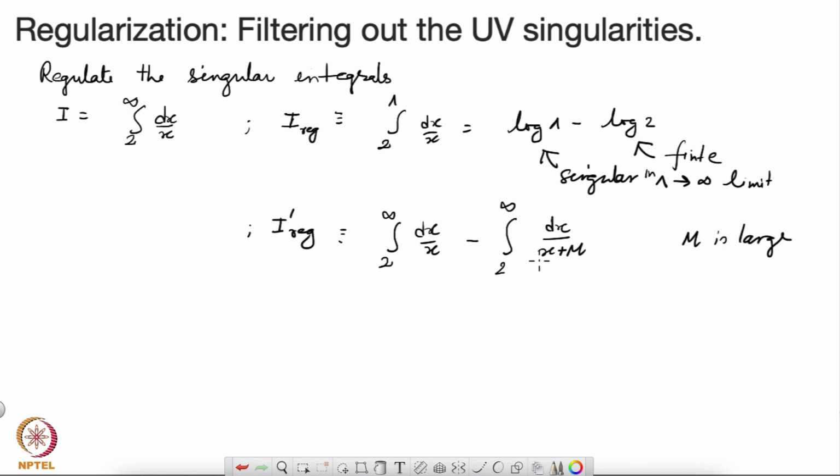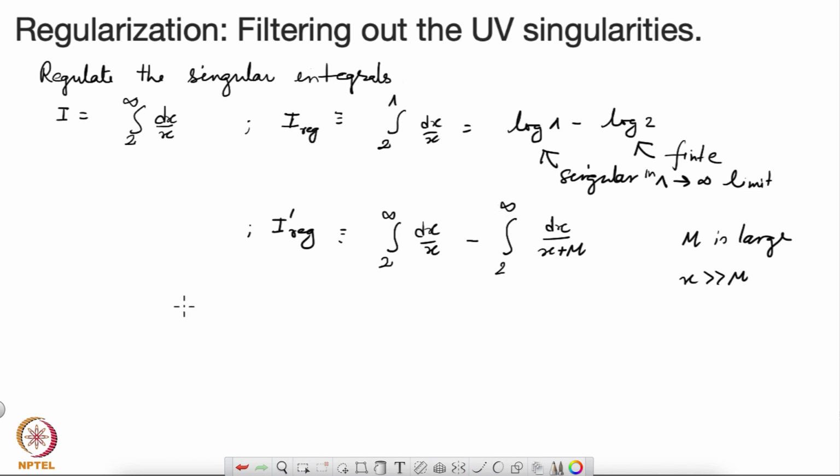Now when x becomes very, very large compared to m, the contributions from these regions of large x are the same in this integral and this integral, right? So you can effectively drop m when x is very large, and this gives you dx over x. So the large x behavior of the integrand is 1 over x, and this one also has 1 over x. So you see that you will not get a singularity because of this upper limit.